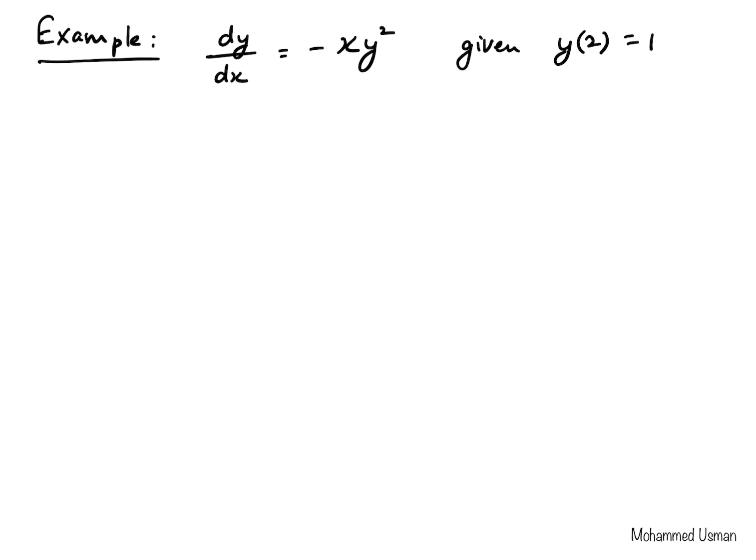We are asked to find y of 2.3 using the step size h equals 0.1. So that's our objective, to find y of 2.3 given that when x equals 2, y is equal to 1. We are asked to find when x equals 2.3, what is the new value of y, that is y of 2.3. So for the procedure, we need to first compute k1, then k2.